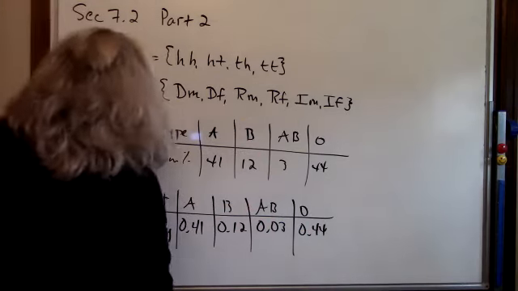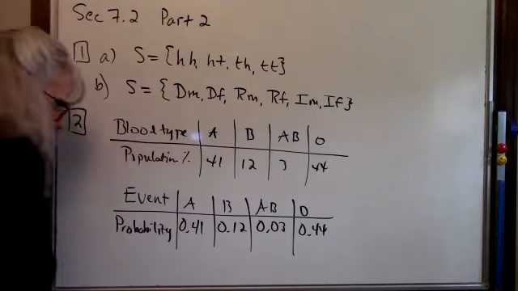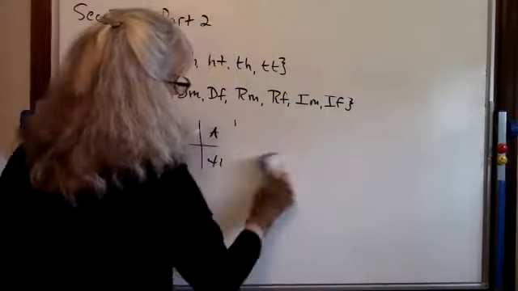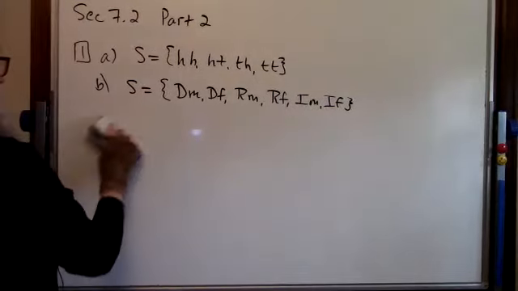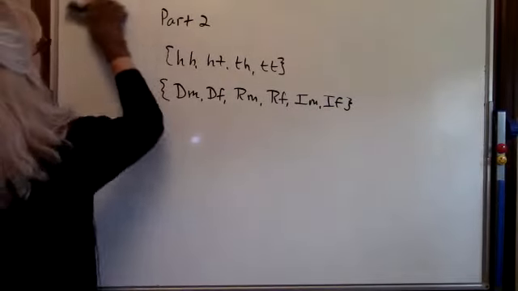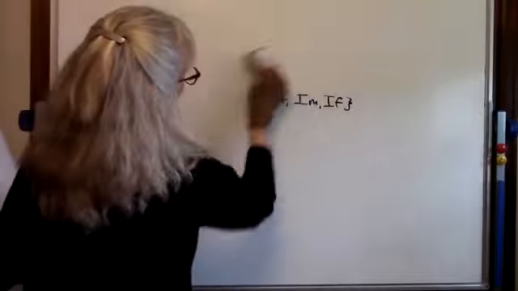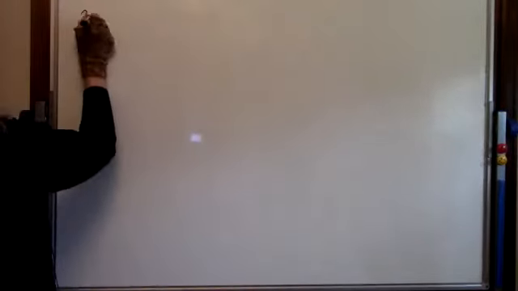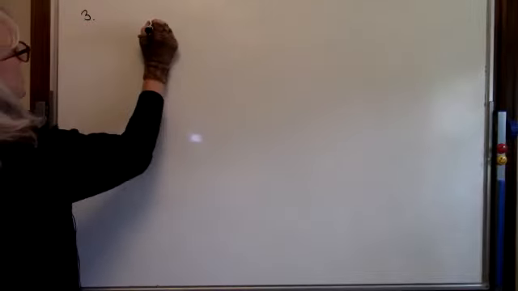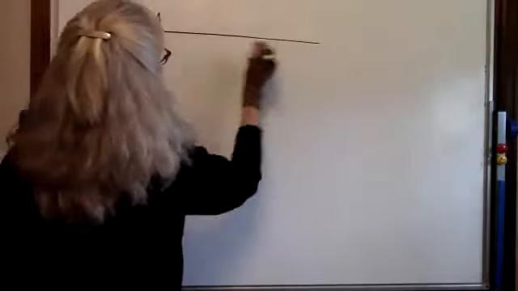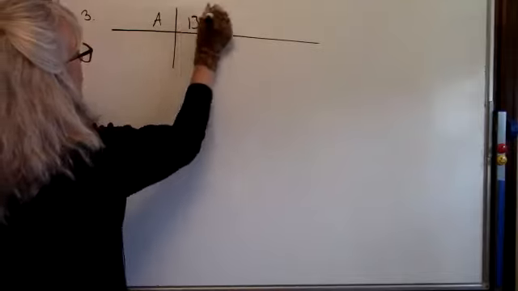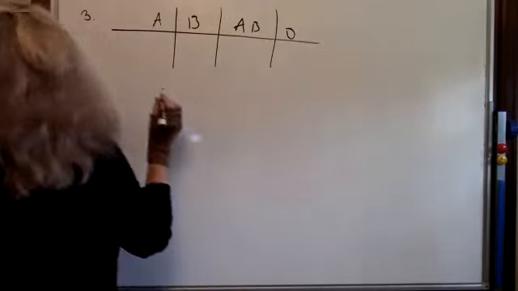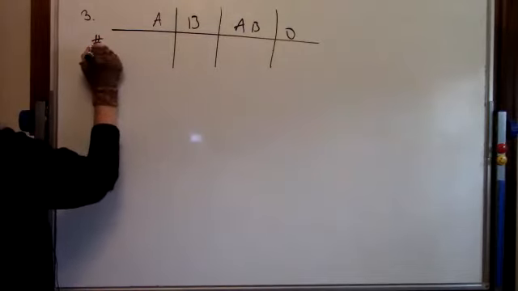Okay, our next example goes to a larger audience and looks at their blood type. This is example 3. So this time, blood types, and again, we have A, B, AB, and O, and the number of people.